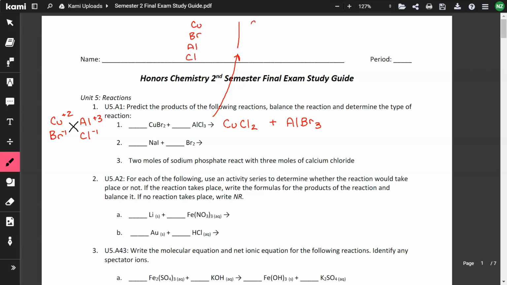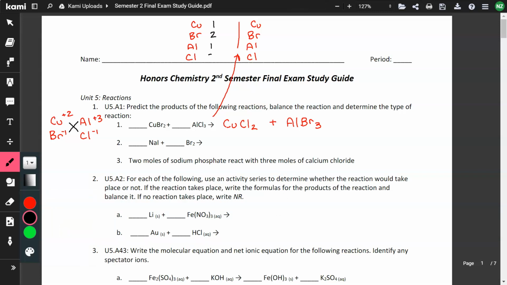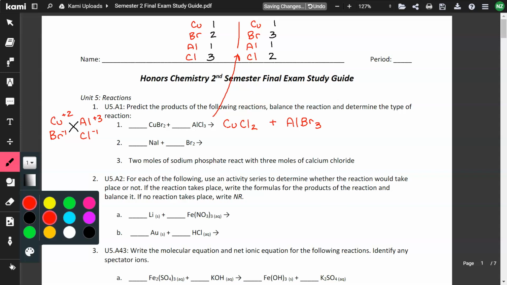I'm going to make a table that has everything on it, and let's count up what we have. On the left side, we have 1 copper, 2 bromines, 1 aluminum, 3 chlorines. On the right side, we have 1 copper, 2 chlorines, 1 aluminum, and 3 bromines.